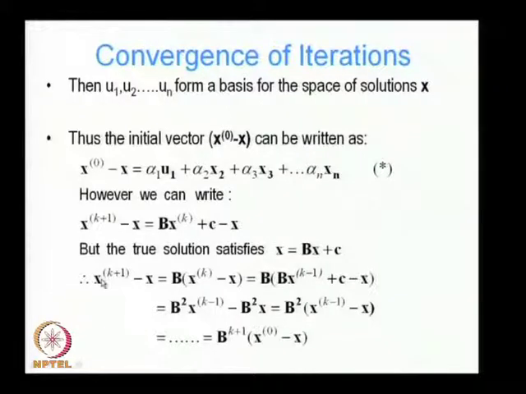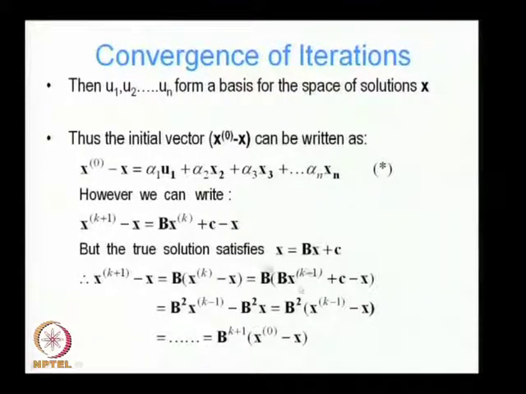So, therefore, we can write x^(k+1) minus x is equal to Bx^k minus Bx. So, we replace x^(k+1) by Bx^k plus c, and then we subtract that. So, B(x^k minus x), and x^k again I can write as Bx^(k-1) plus c.